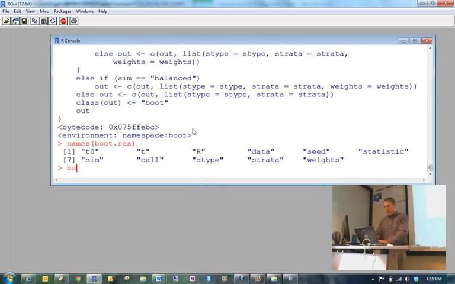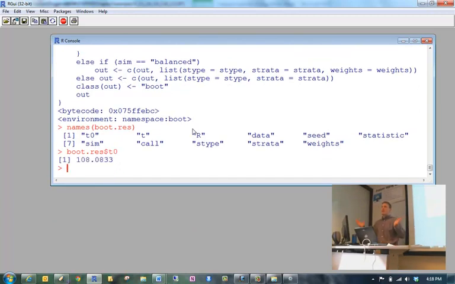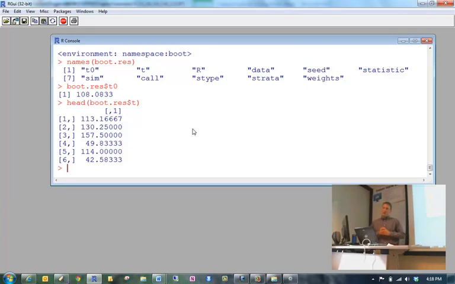For example, one item, boot.res$t0, happens to be T. Another item, boot.res$t, happens to be all the T stars. So T star 1 is 113, T star 2 is 130.25.